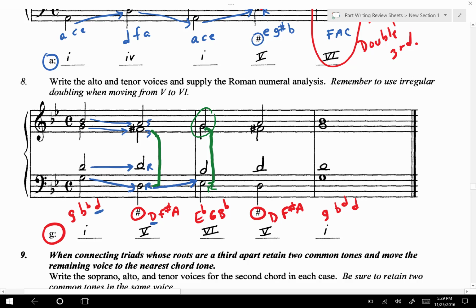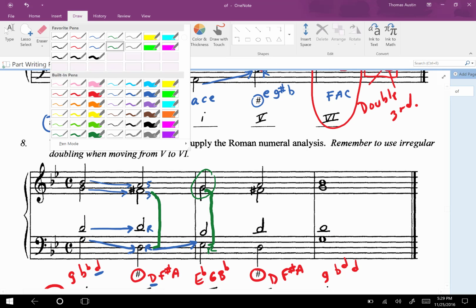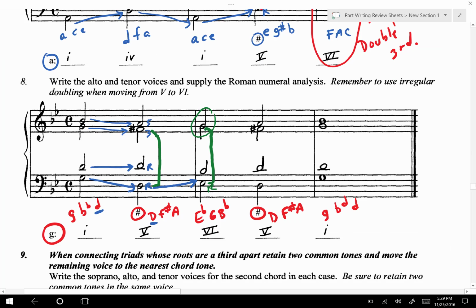Okay, what I cannot do, and I'll show you with my, let's do orange, what I cannot do is put an E here in the alto. That would make sense because I'm doubling the root, but this interval right here, the F sharp to the E, that's an A2, and that's not allowed.